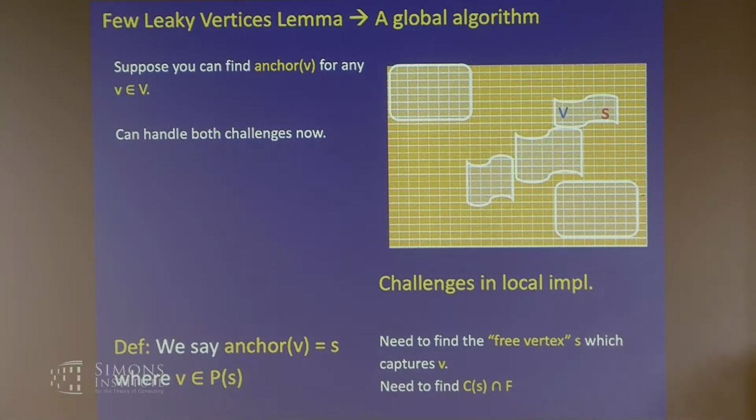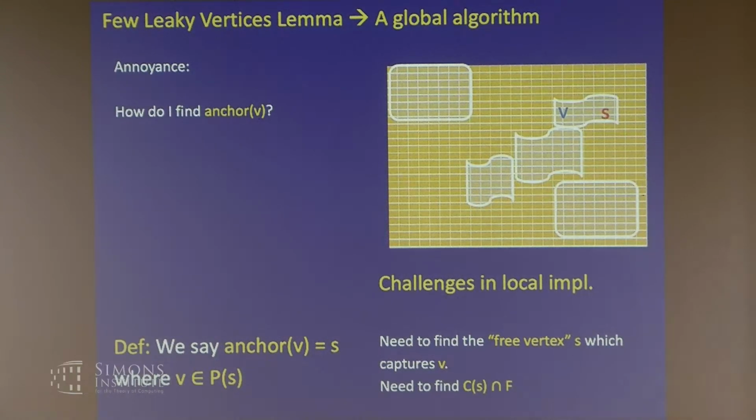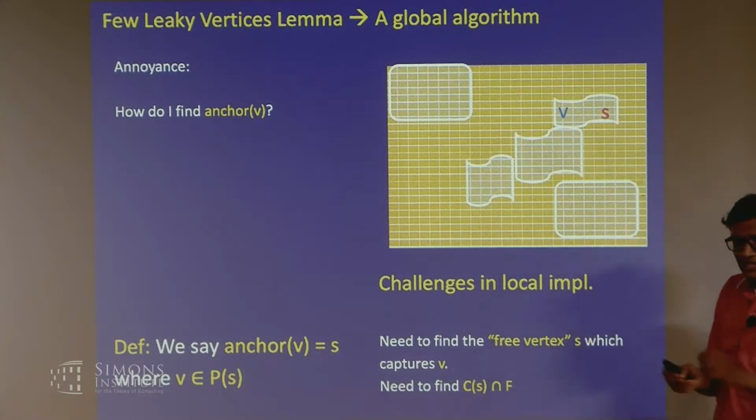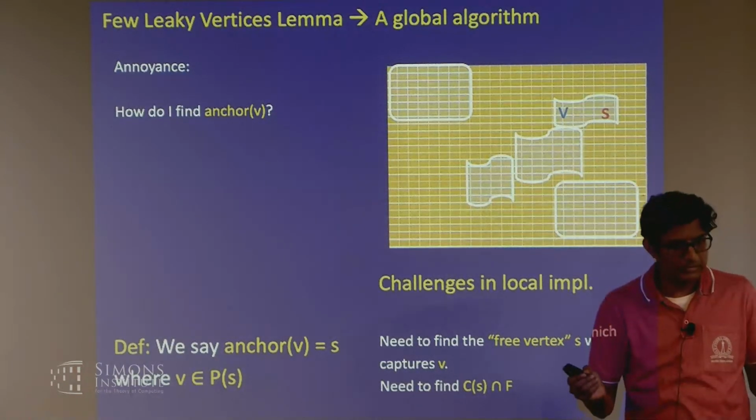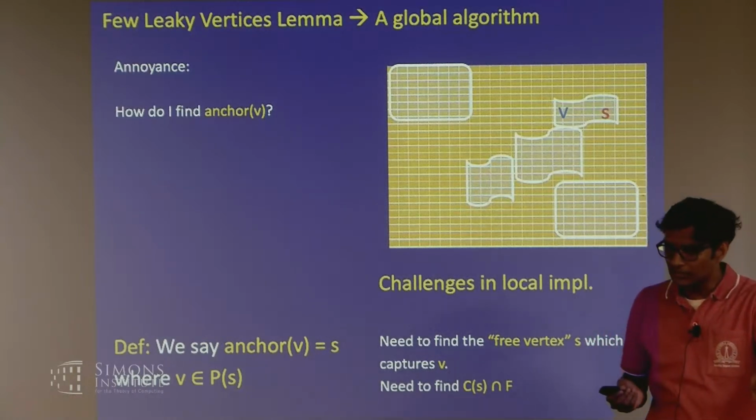Now I want to implement the find anchor algorithm, and that's where my troubles begin. How do I find this anchor? I know that the vertex V is a heavy hitter of the distribution PVL. It's a d-regular graph, so random walks are reversible.